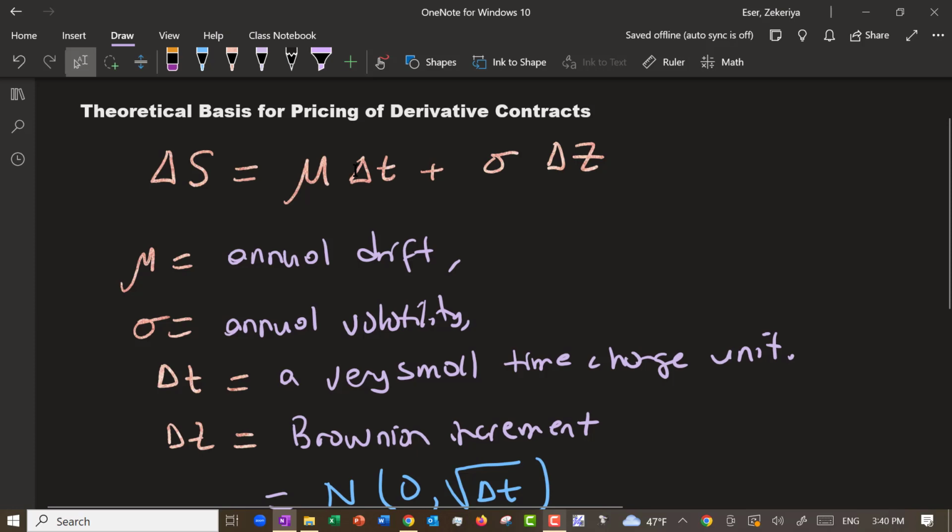That means every delta t period, you would expect the stock to increase by mu delta t. That's why we call it a drift. But on top of that, there is something random added. These are assets, and they're affected by news, and sources of news are random. Something happens, price goes up and down, depending upon the nature of that move.